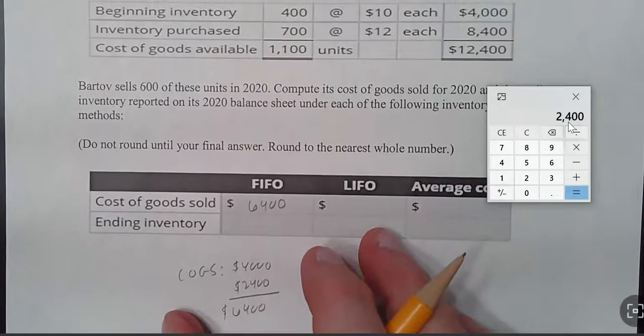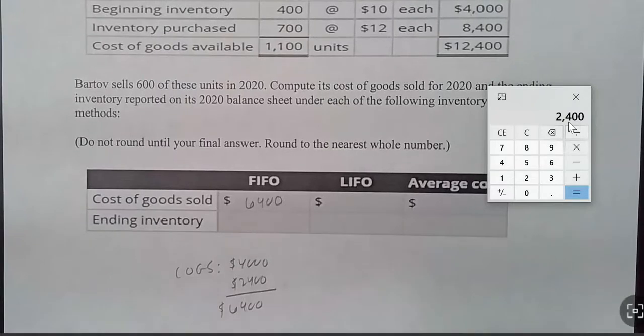Now we want to double check and make sure that we're doing everything correctly. So we expensed all 400 of these, and then we expensed the difference between 600 and 400, that's 200, of these units here. So we still have 500 units left, and we're always going to have 500 units left because we had 1,100 available and we sold 600. But what is the cost of those 500?